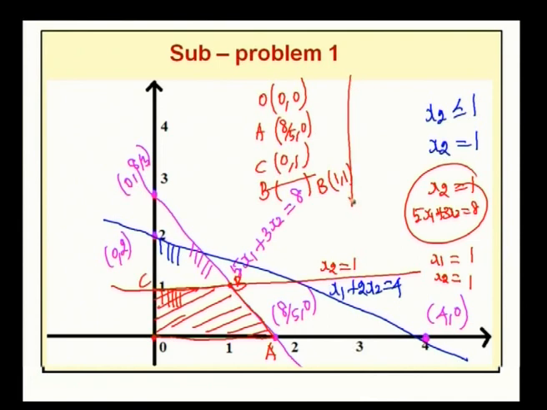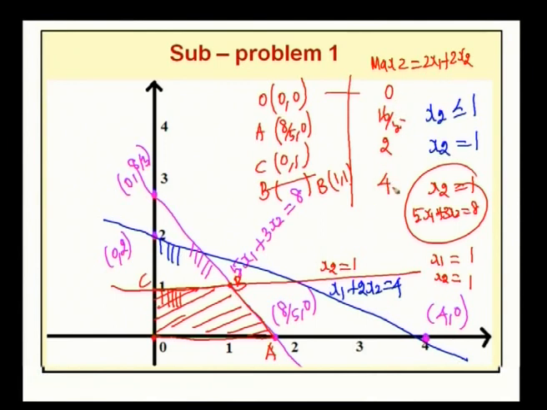Now the maximum value of the objective function occurs either at O or at A or at C or at B. Now the value of 2x1 plus 2x2 for the coordinate O is 0, and for A, 8 by 5, it is 2 into 8 by 5 plus 2 into 0, which is 16 by 5. For C it is 2 into 0 plus 2 into 1, which is 2, and for B it is 2 into 1 plus 2 into 1, which is 4.